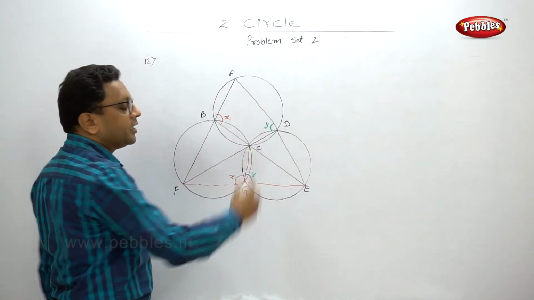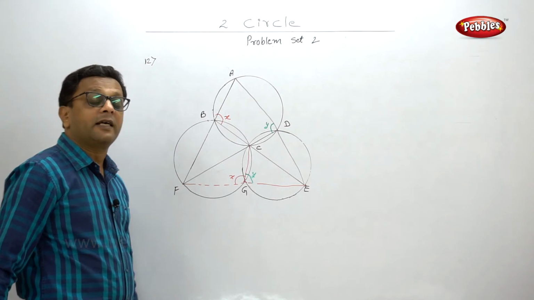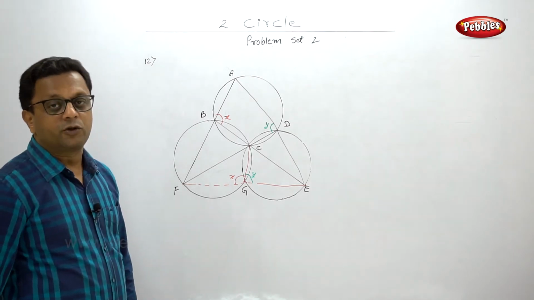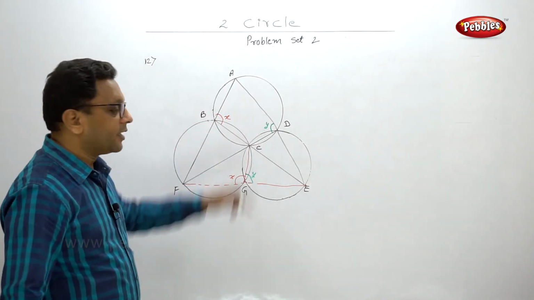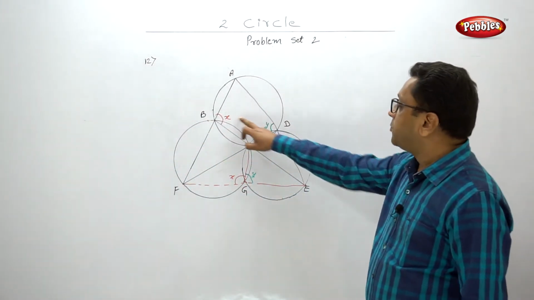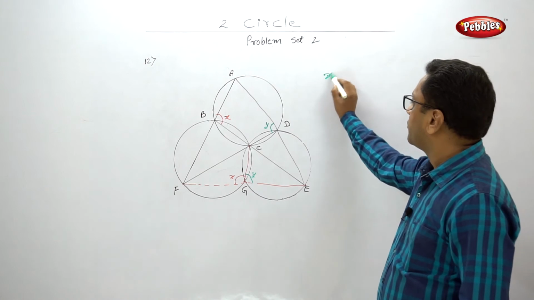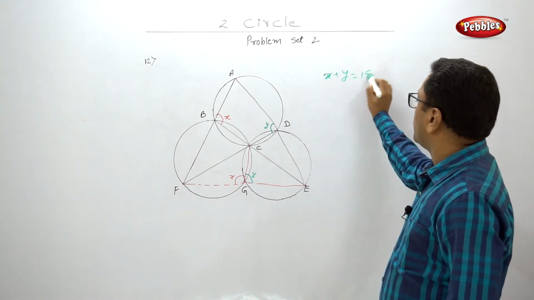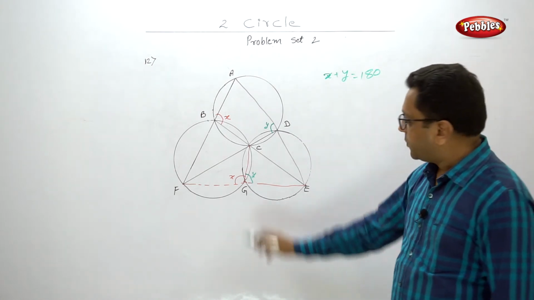Now in this circle, ABCD is a cyclic quadrilateral, and so the opposite angles of the cyclic quadrilateral are supplementary. That is, X plus Y is equal to 180, but X plus Y are here also.